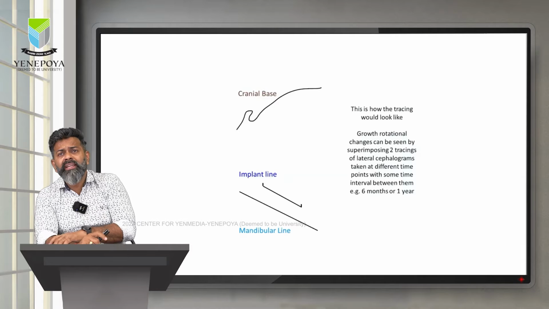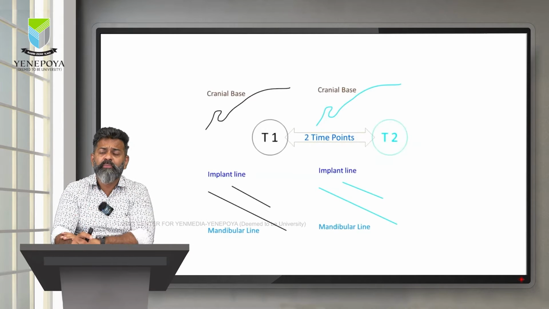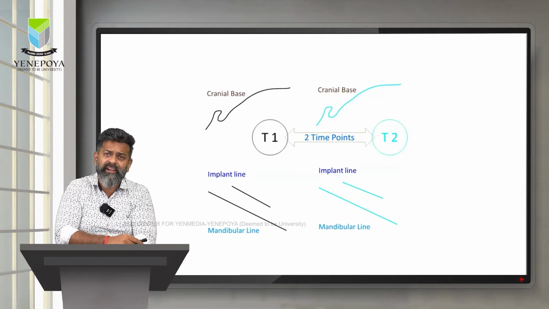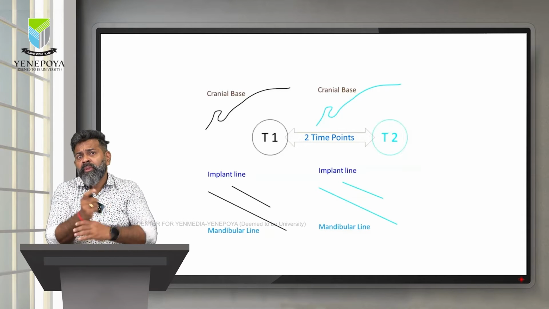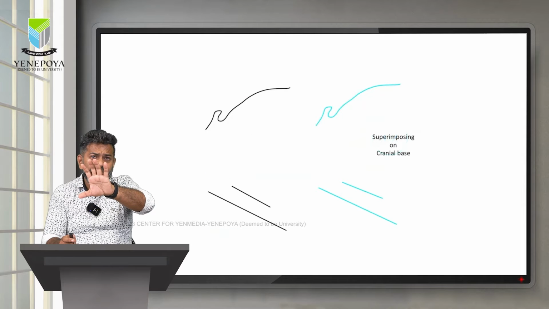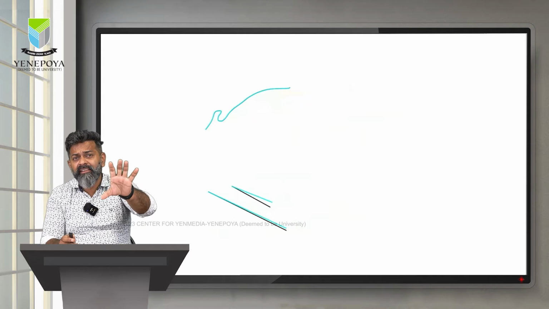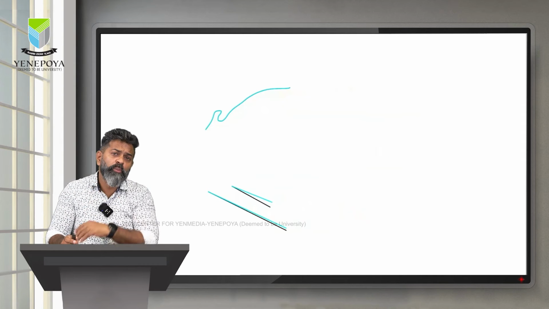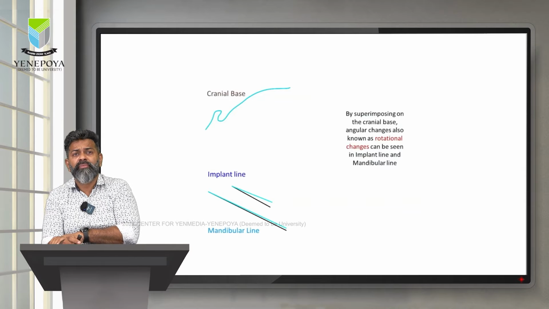Now, he took radiographs at 2 intervals at different times and started comparing them. When he compared them, the cranial base he kept as a standard point. He noticed that in the corpus of the mandible and the lower part of the mandible, growth rotation has been taking place.